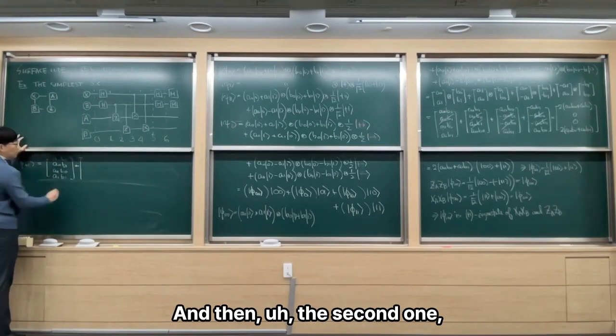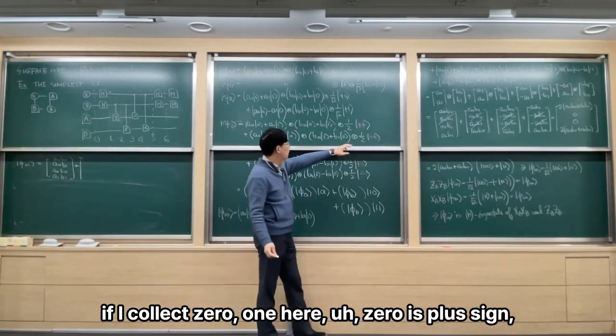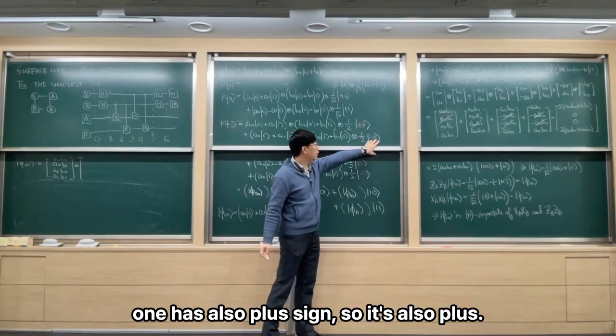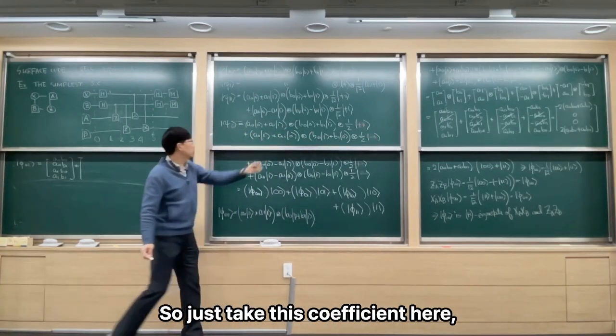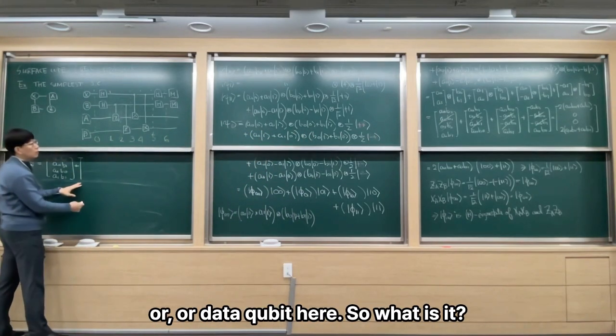And then the second one, if I collect 0, 1 here, 0 is plus sign, 1 also has plus sign, so it's also plus. So just take this coefficient here, or data qubit here.